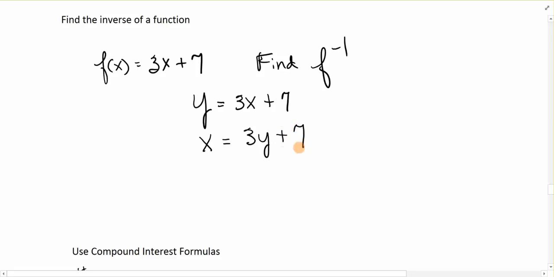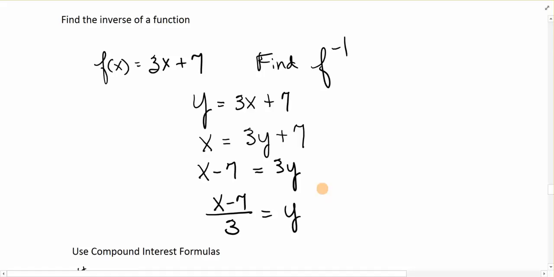And then you solve for y. How would I solve for y? Subtract 7, so x minus 7 equals 3y. And then divide by 3. So x minus 7 over 3 is y. And so f inverse is x minus 7 over 3.